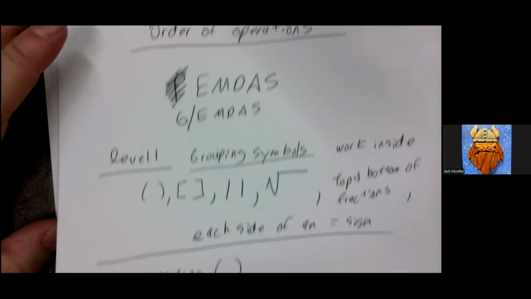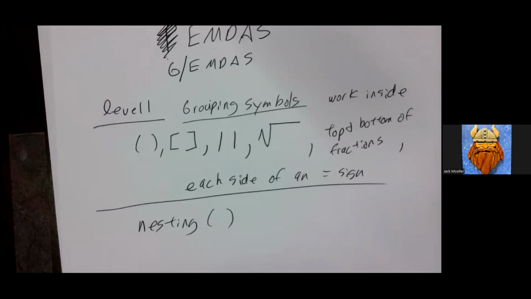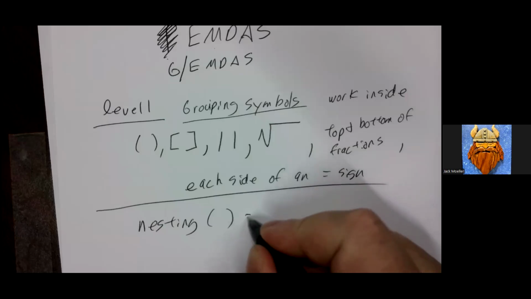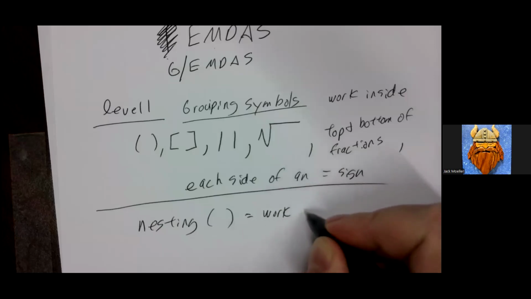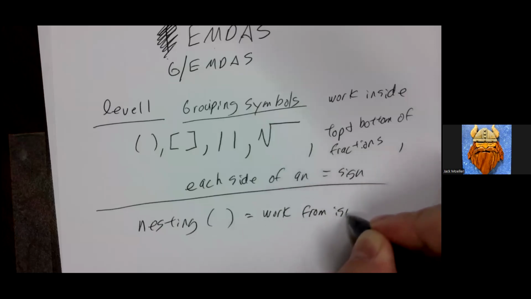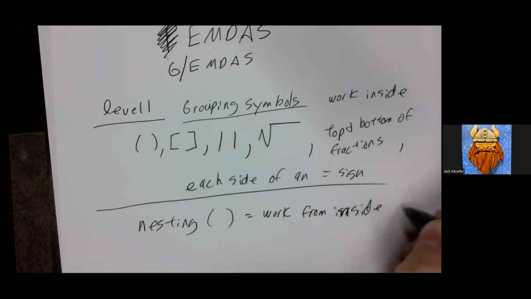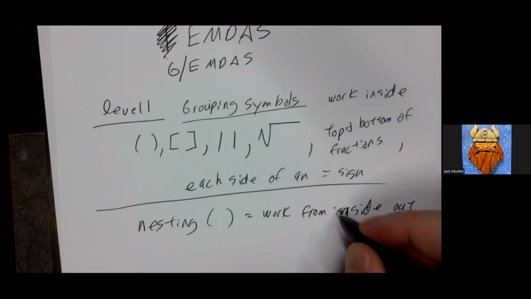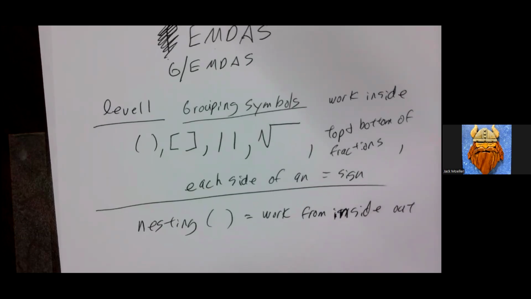Nested parentheses in math are where you have grouping symbols inside grouping symbols. Another example of this, those Russian dolls, where if you open it up, there's a smaller doll on the inside. Open it up, there's another doll on the inside. Those are nested dolls. And so when you have nested parentheses, how do you work them? Work from the inside out. When you have those parentheses inside that bracket, those parentheses on the inside is where you start.